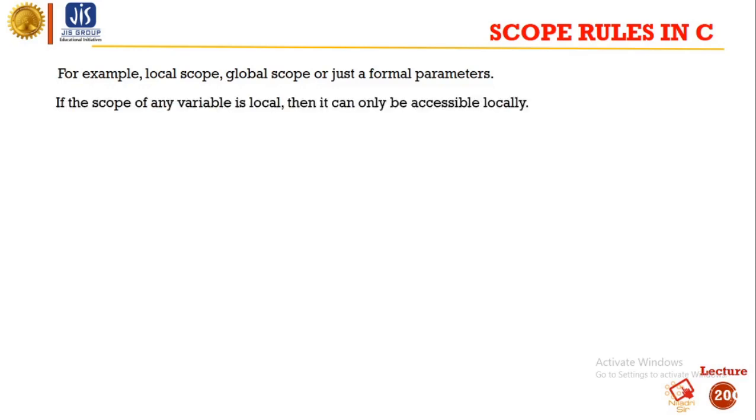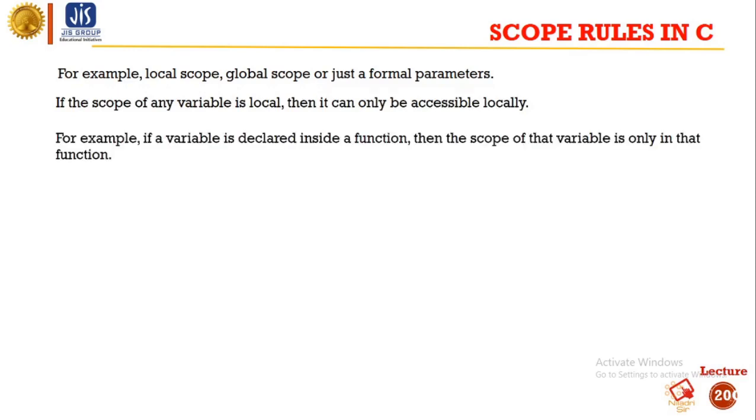If the scope of a variable is local, then it can only be accessed locally. For example, if a variable is declared inside a function, then the scope of that variable is only in that function.